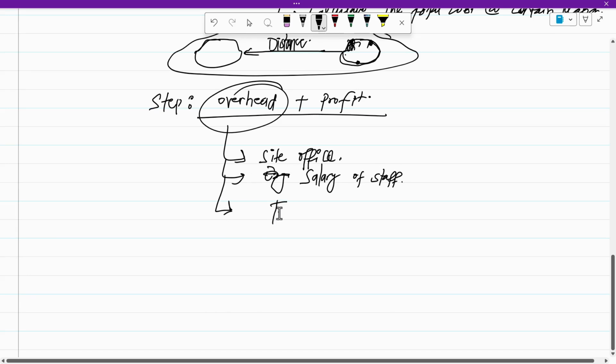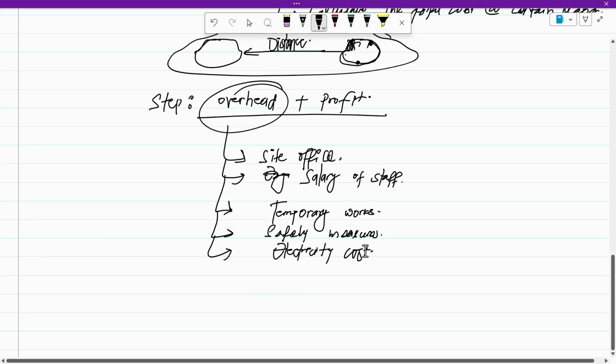Then it's temporary works that you do. Then it's safety measures that you adopt over there. Then it's electricity cost that you have to bear.